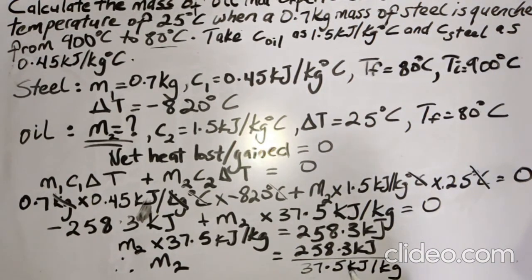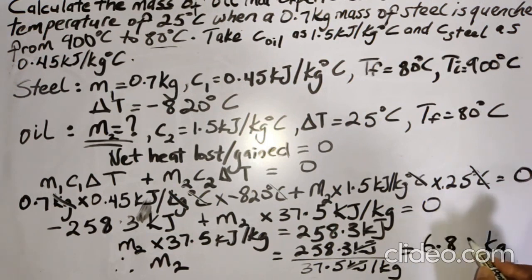Alright, so we cancel the units here, kilojoule and per kilojoule, and we'll be left with 1 on the kilogram, which is the kilogram, and numerically this works to 6.89 kilograms. So it looks like a lot of calculation. It isn't too much a calculation, so I'm certain you'll have fun with the others.